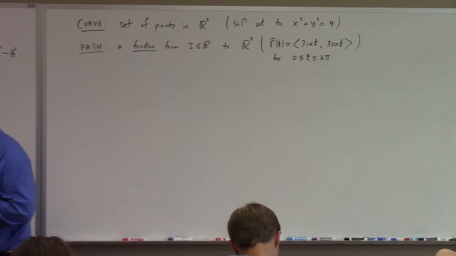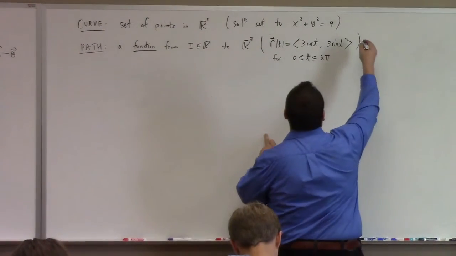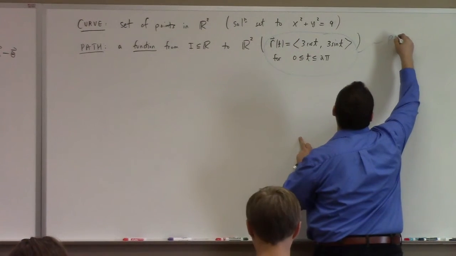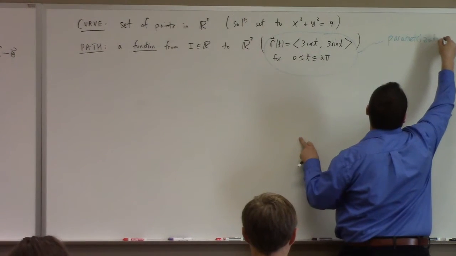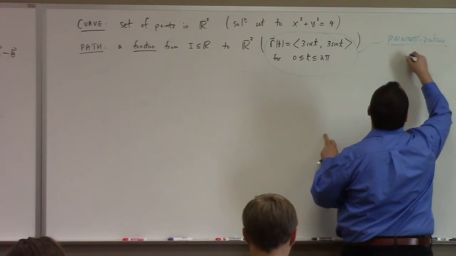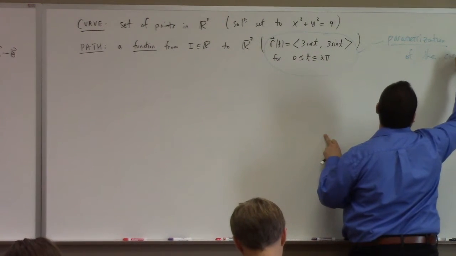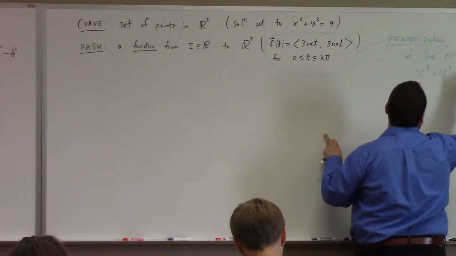That path is called a parameterization of the curve. So, terminology: this is a parameterization of the circle x squared plus y squared equals 9.